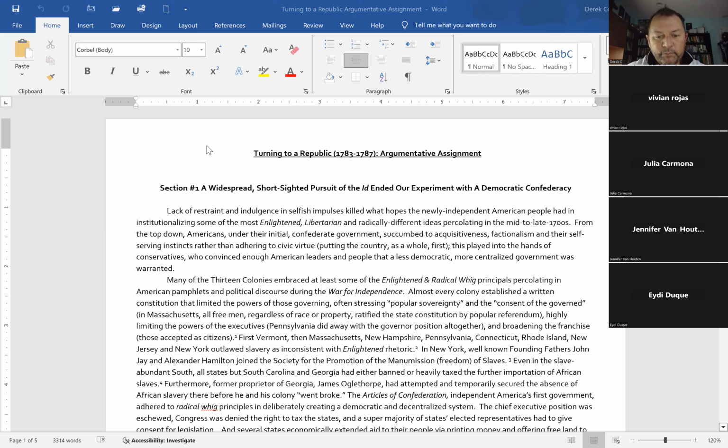All right. And so with the Confederacy, states have a lot more autonomy than the states do today in our federal republic, right?